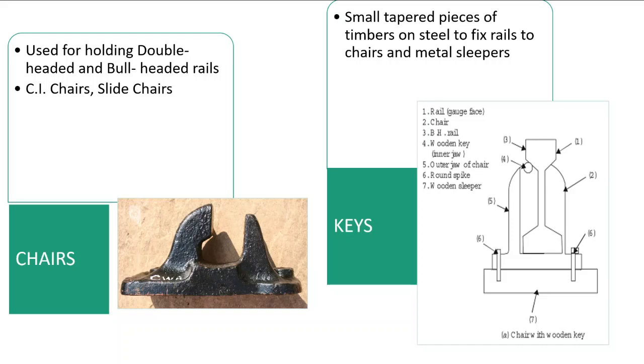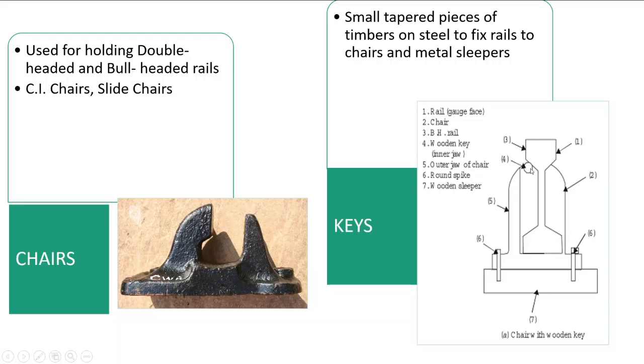These keys are small tapered pieces of timber or steel to fix the rails to the chairs and metal sleepers. See, we can see in the figure that this is a rail, this is the wooden sleeper. First is the rail, second is the chair, third one is the BG rail.